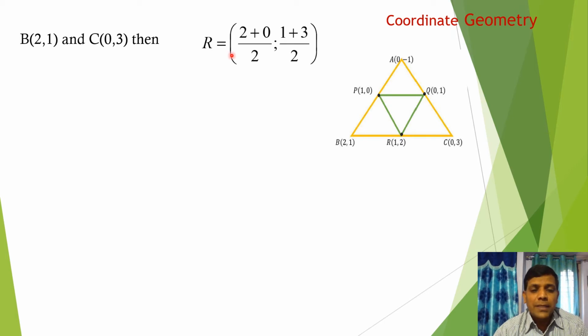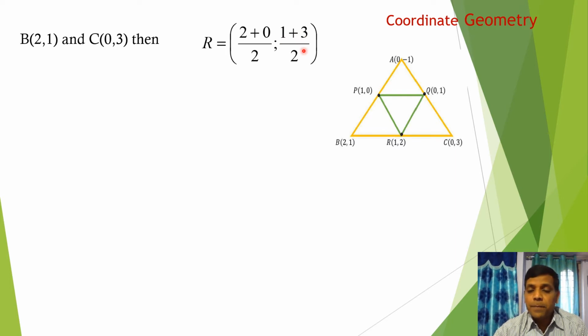R is the midpoint of BC. So for the midpoint of BC, here x1 equals 2, y1 equals 1, x2 equals 0, y2 equals 3. (x1 + x2)/2 means (2 + 0)/2, and (y1 + y2)/2 means (1 + 3)/2. 2 plus 0 we get 2, so 2 by 2, and 1 plus 3 we get 4, so 4 by 2.